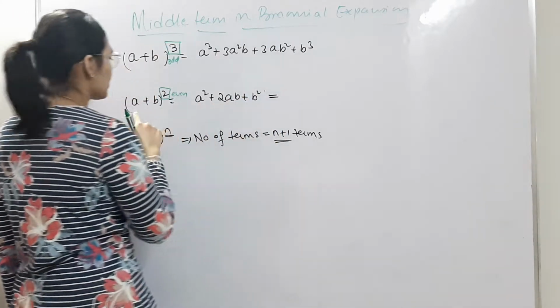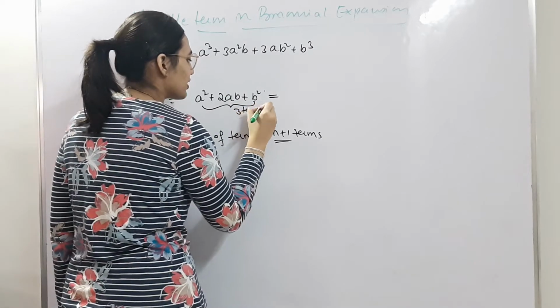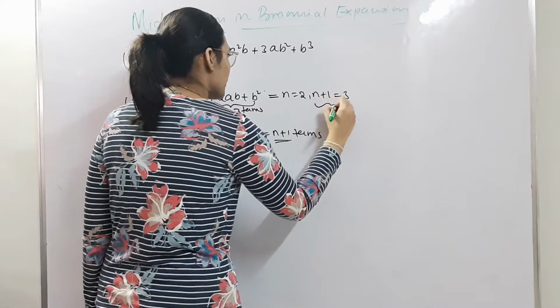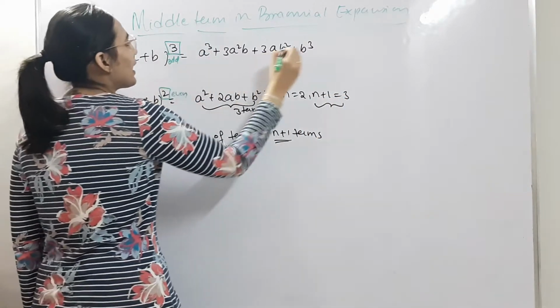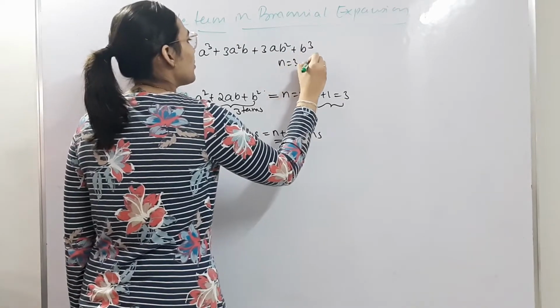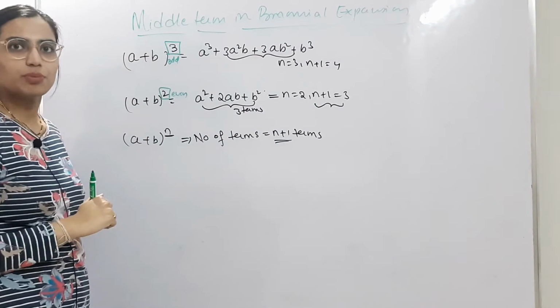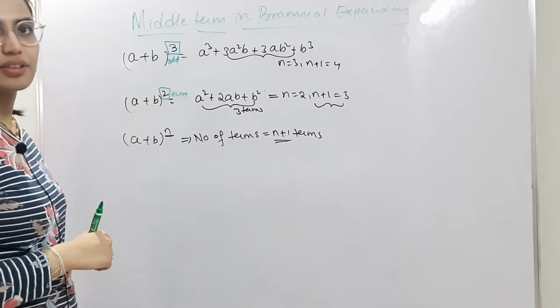Here, how many terms do you have if n is even? We have 3 terms because n is 2. So n here is 2, but n + 1 is 3. So we have a total of 3 terms in the binomial expansion. And here, n is 3, but n + 1 is 4, because in total we have 4 terms in the binomial expansion. Right. So what is the pattern that you are observing here?